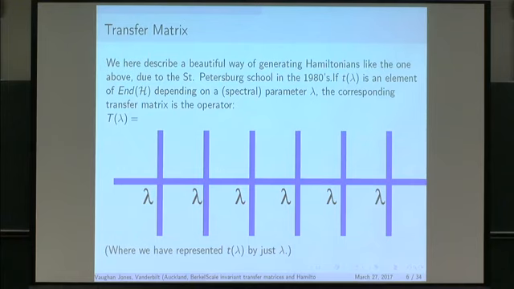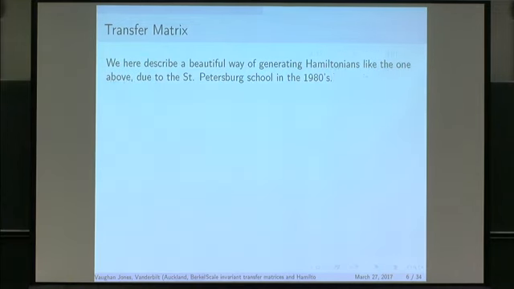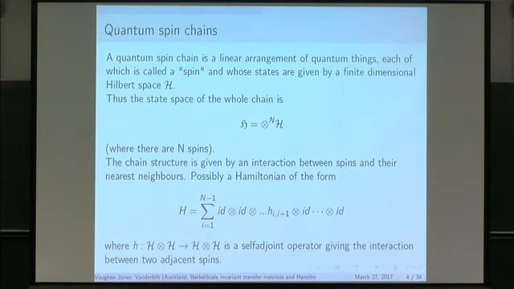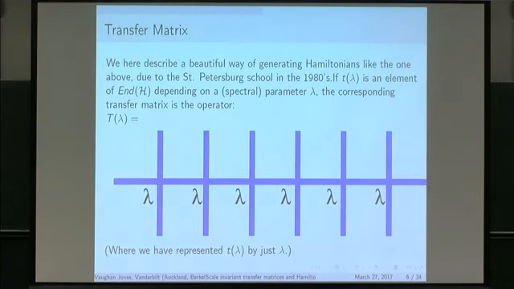I hope we've seen enough tensor networks to know what this means. And that is the transfer matrix T of lambda. It's an operator on this big tensor space, so it has that number of legs at the bottom going in, and this number of legs coming out. Of course, when you apply it, there's some implicit sum over all of these intermediate indices.